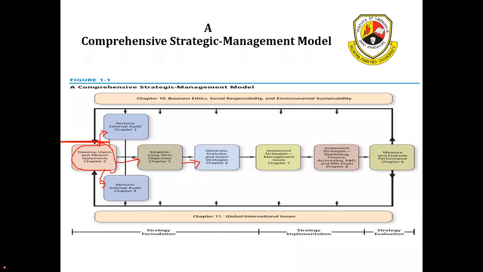They wanted to increase green leaf, so they said we're going to use strategies A, B, C, D, and daily they update us. So that is the implementation. We implement the strategies through policies, procedures, and processes.